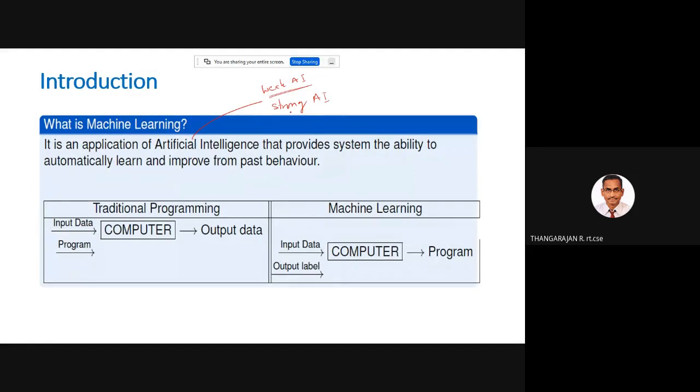But strong AI is about how to make computers think. There is a separate field with its own research, where people are doing a lot of work on how to make computers think.